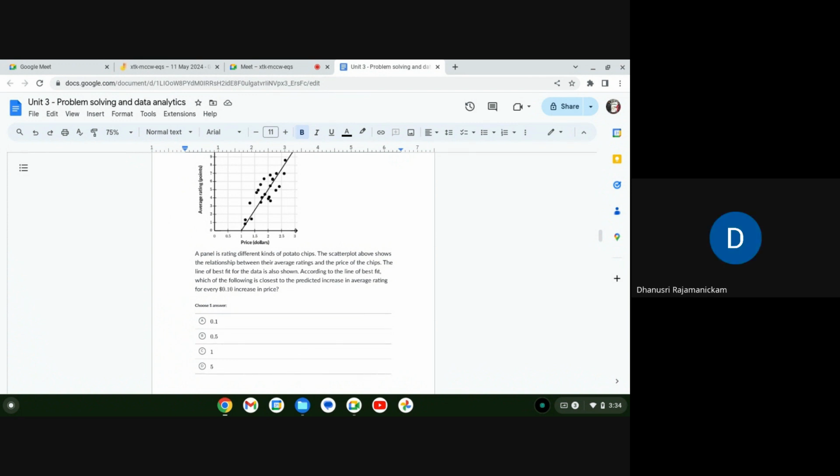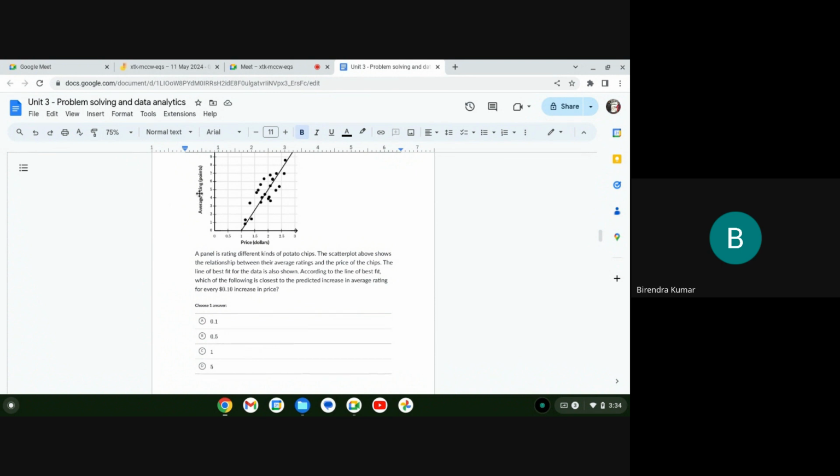A little bit. So it'll make more sense. Let's read it one more time. I'm just breaking it down. I will not read the first part of the sentence, according to the line of best fit. Which of the following is closest? Whatever we see below is closest to the predicted increase in average rating.